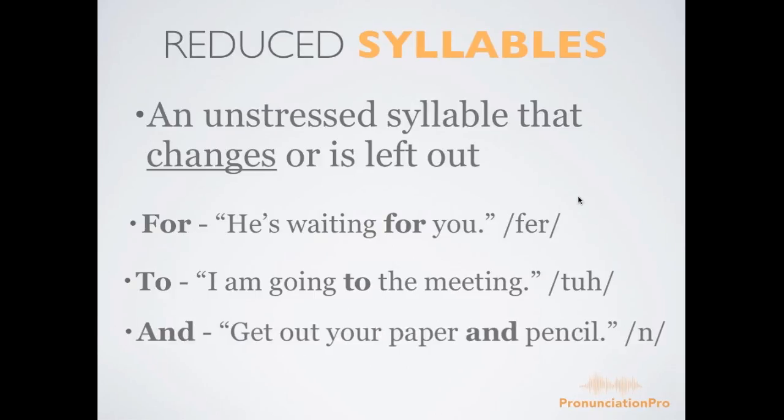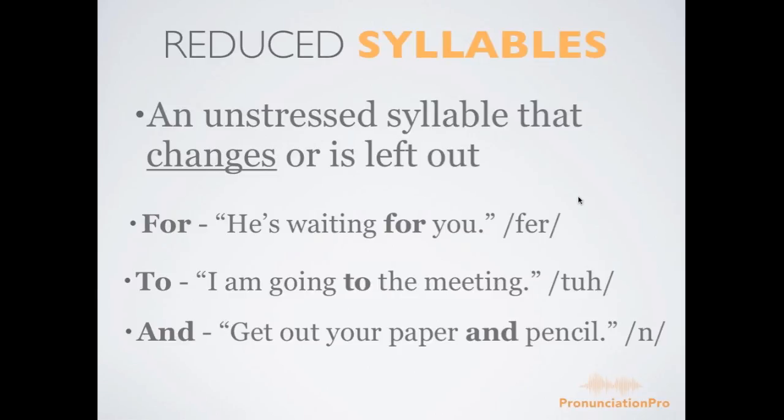And another example is "and." The full pronunciation is "and," but if you put it into a sentence where "and" is an unstressed word, we get this kind of pronunciation. Get out your paper and pencil. Do you see how it reduces to more of just an "n"?